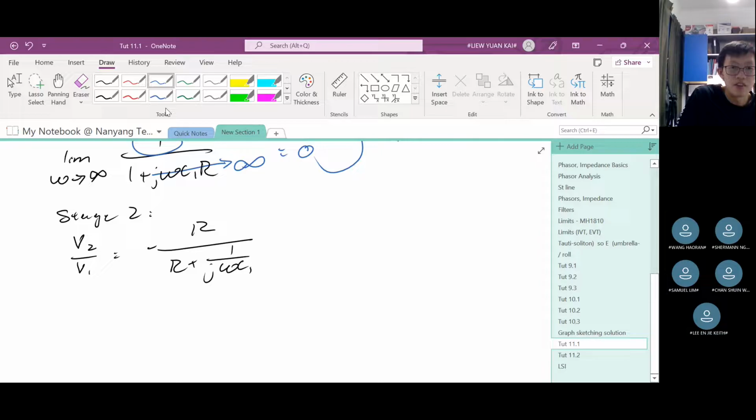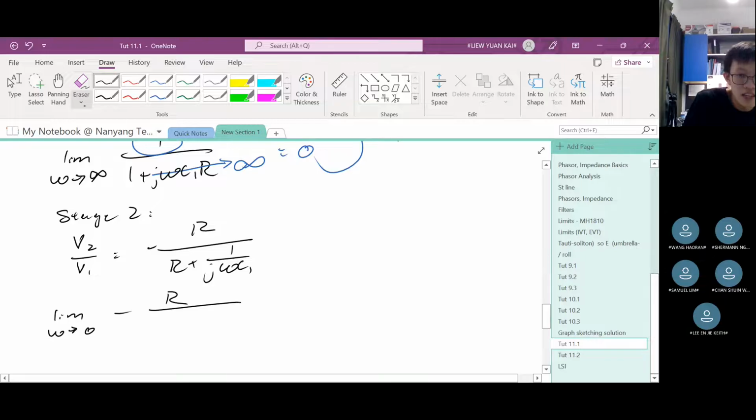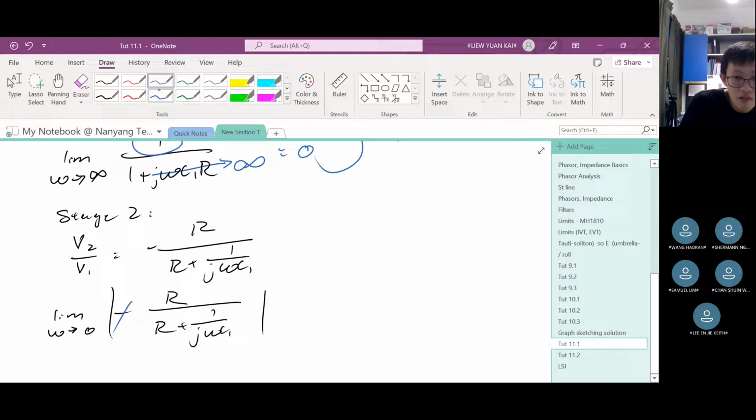Okay, so when we know it's a filter, ask yourself now, is it a low pass filter or a high pass filter? So we just need to take the limits again. So limit omega approaches 0 for this expression. Again, I should take the modulus of this. So modulus, this means this will go away. Now, as omega approaches 0, this approaches 0.